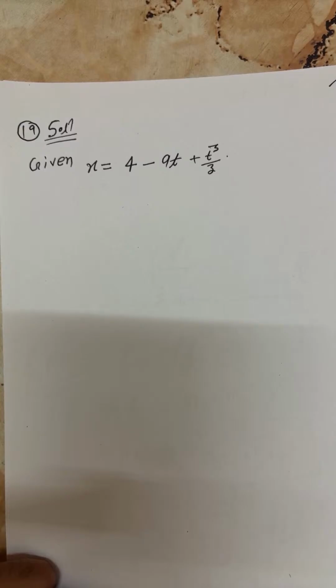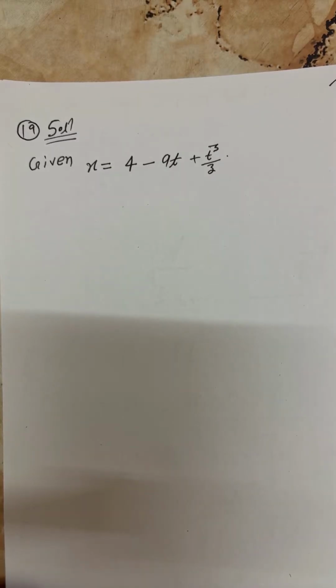Right. So, beta, what is the first option? Direction of motion is not changing at any of the instants. Second, direction of motion is changed at t is equal to 3 seconds.